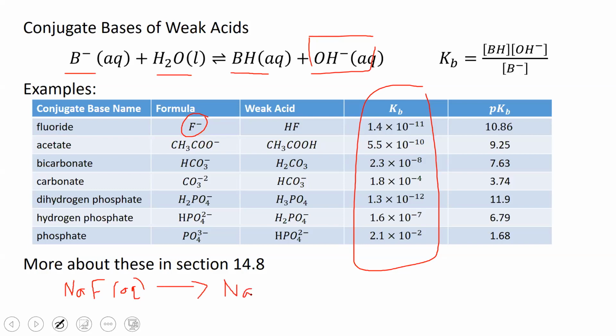And we know that ionic substances that have an alkali metal as the cation, we consider them to dissociate completely. So we have sodium ion and fluoride ion, and it dissociates completely.